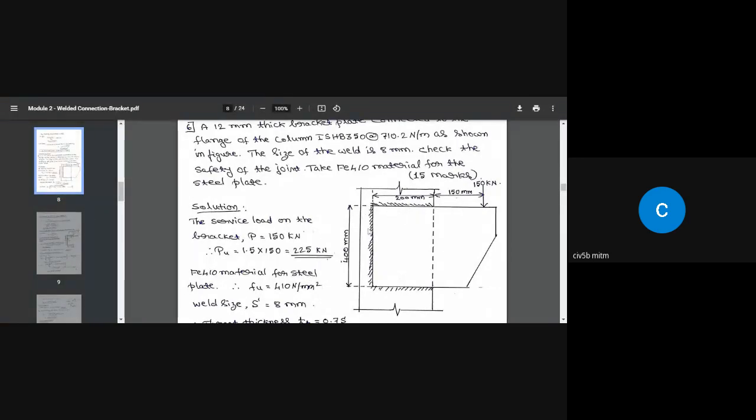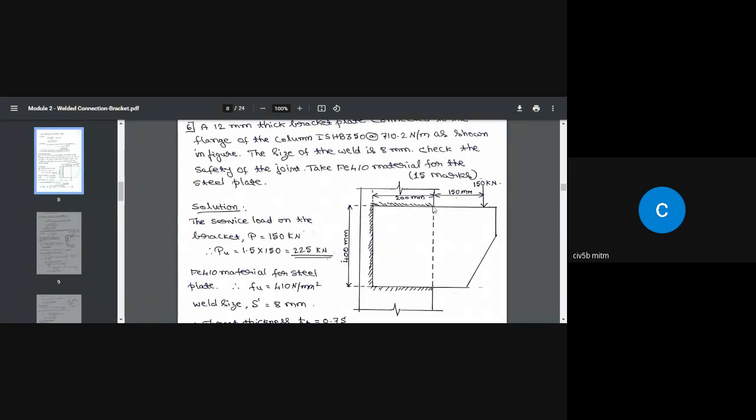As we discussed in the previous problems, we have to check the area of the weld which is subjected to maximum shear stress. First, we are going to find out the location of the neutral axis, that is the centroid of the weld, and then find the weld area which is farthest from the centroid.